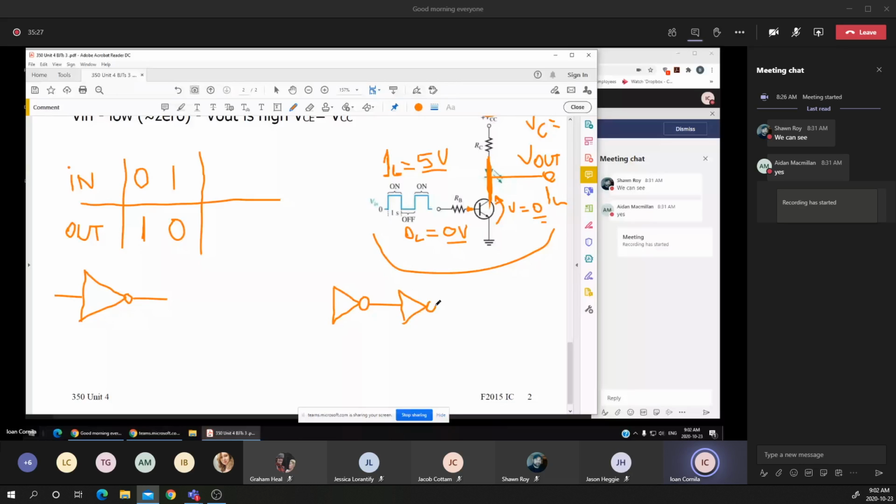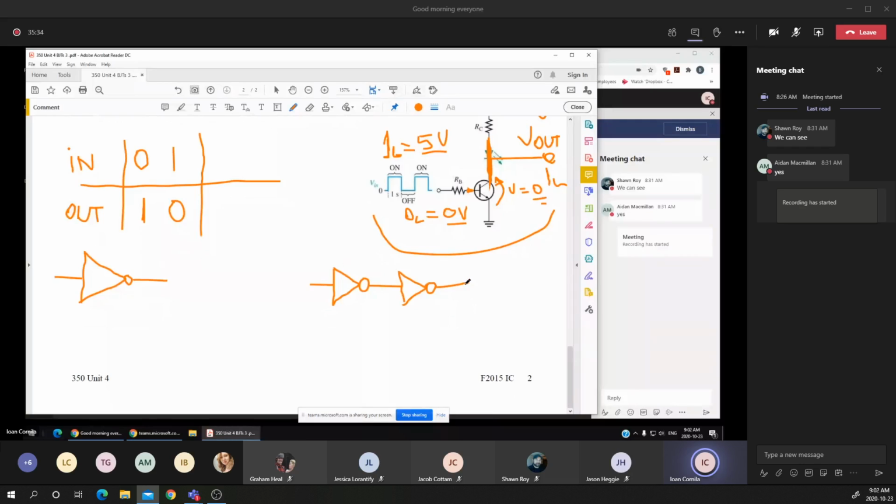What is the equivalent of this circuit? You notice that I'm actually switching the phase shift twice, which means that I'm applying 0 on the input, I'm getting 0 on the output. Having two NOT gates in series will cancel the phase shift between the input and the output.